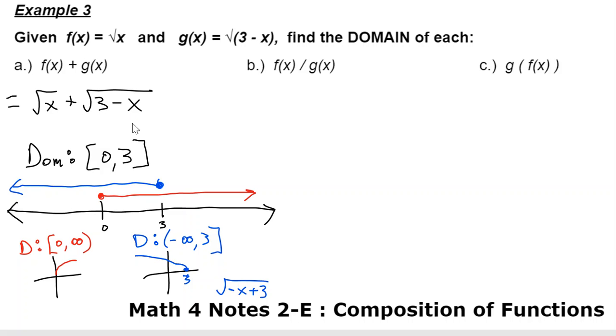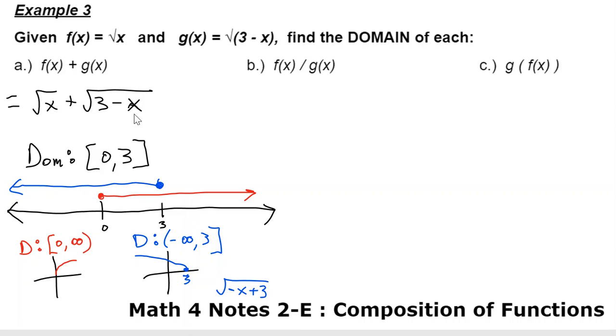let's start playing around with the domain for a second. What if the x value was -1? Well, it wouldn't go in the left one very well, would it? I can't have square root of -1. I can't have square root of negative anything. So anything below 0 is out.